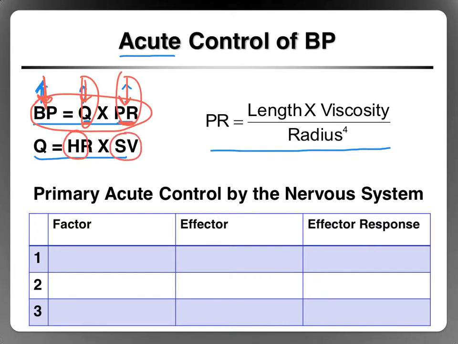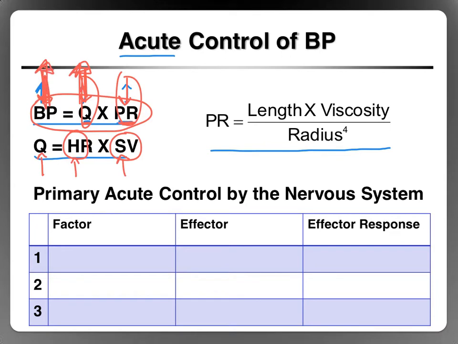If you want cardiac output to go up, you can increase heart rate, or you can increase stroke volume, or both. And if cardiac output goes up, blood pressure is going to go up.